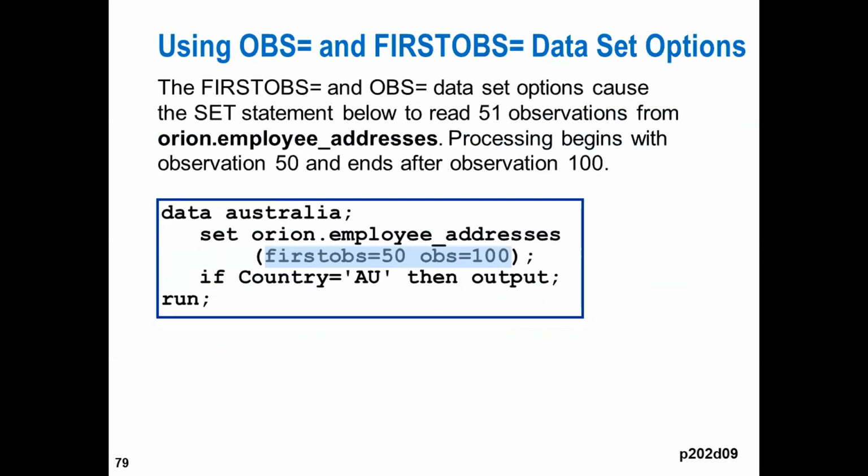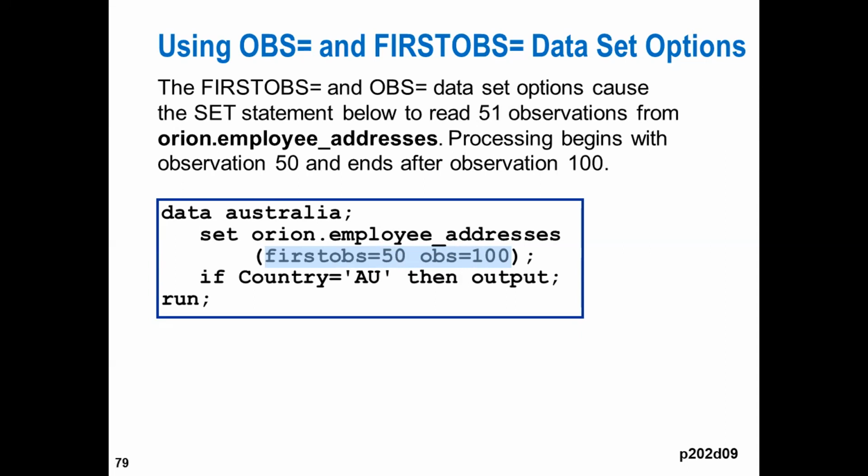You can also provide a range of observations to be read. Here, from the input data set, FIRSTOBS=50 means it should start processing from the 50th observation and stop when the 100th observation is reached. So in total how many observations is it reading here? 51, because the 50th is also read. So from 50 to 100 it's 51 observations.